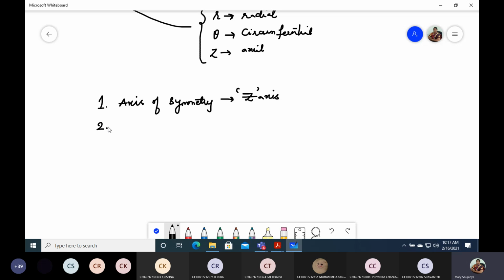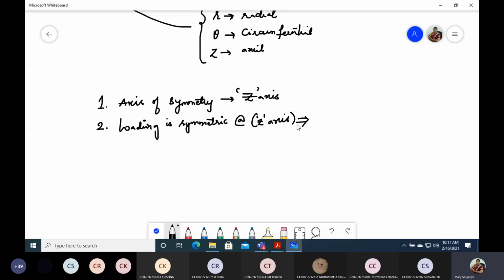Second one, the loading is symmetric about the axis of revolution. Now that is the z-axis.